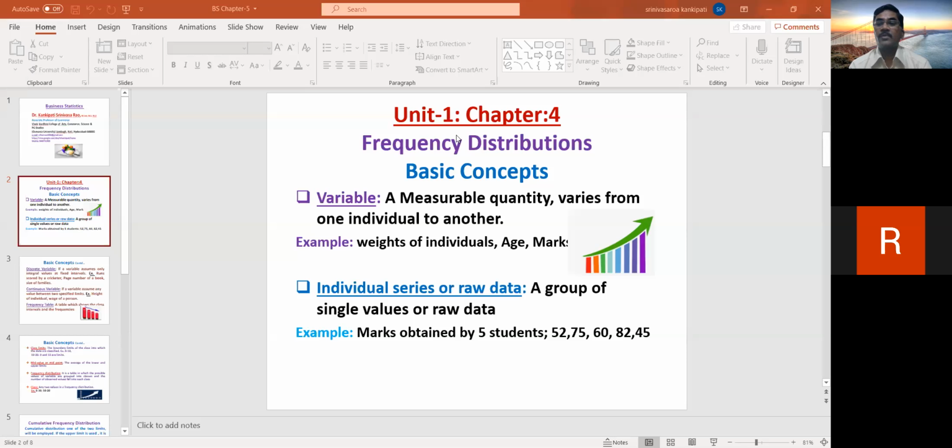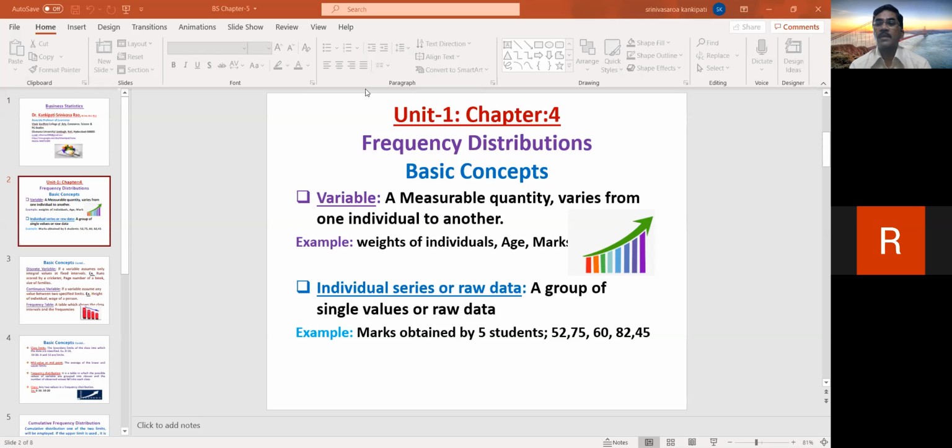Another example you can take is marks. For example, in a classroom of 40 students, all 40 students will not get the same marks. Some students may get maximum marks, some less.